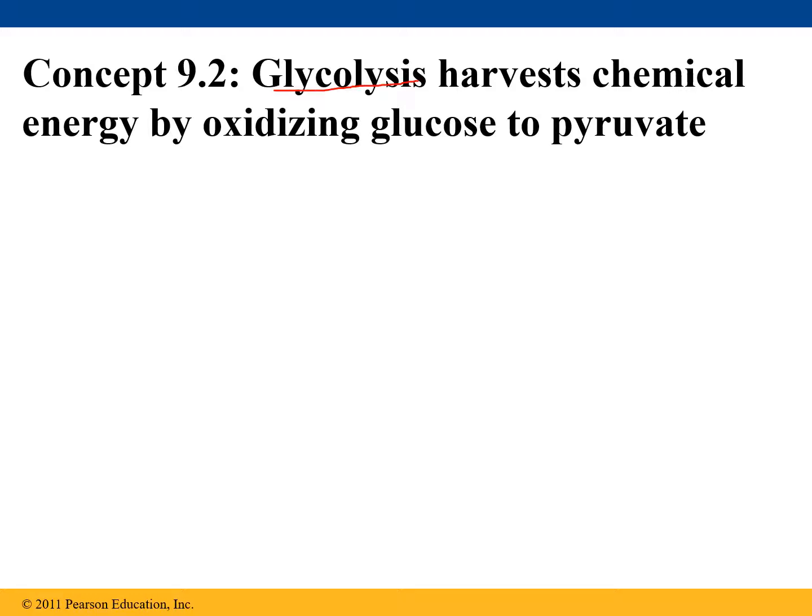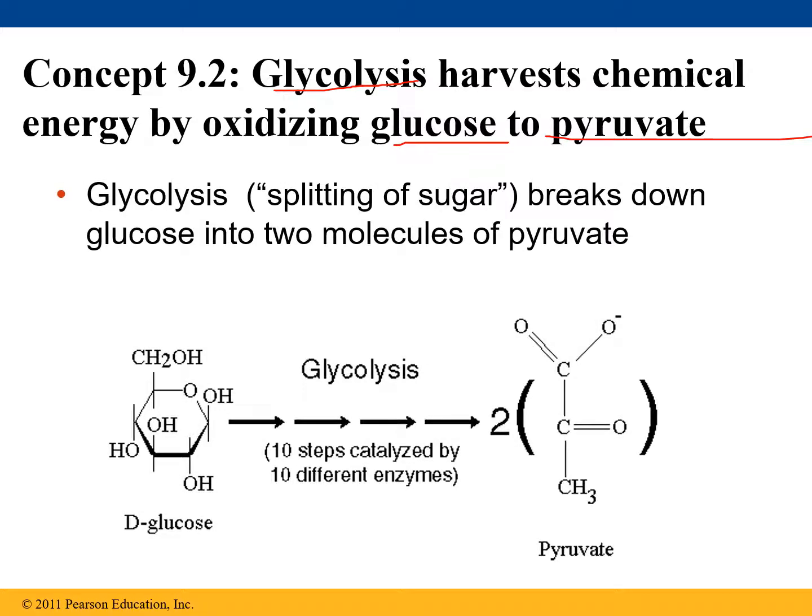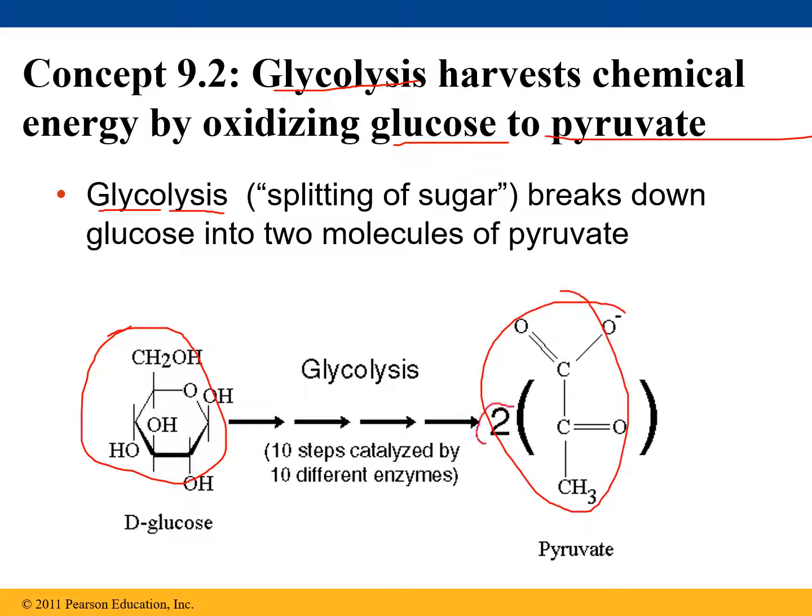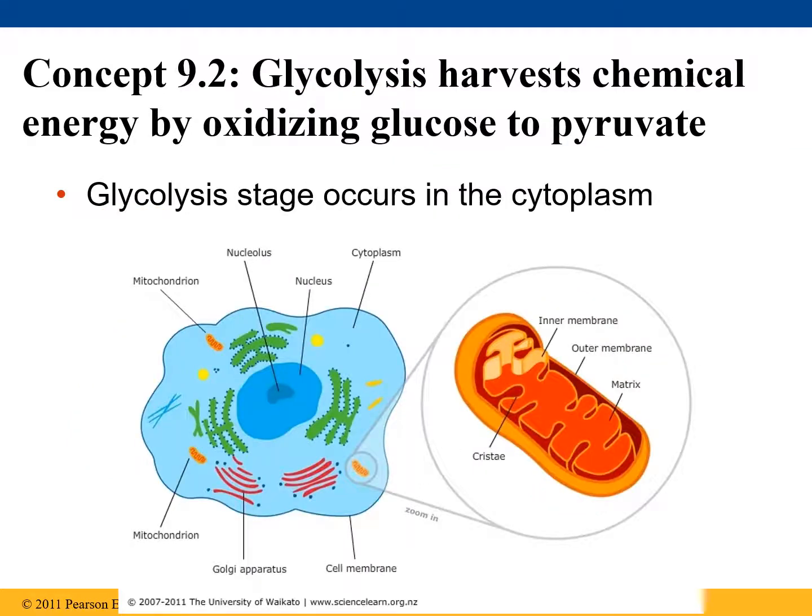During glycolysis, we are harvesting chemical energy by oxidizing glucose to pyruvate. So glycolysis, glyco refers to the glucose, lysis refers to splitting, so it's literally the splitting of sugar. Glycolysis breaks glucose, one molecule, down into 2 of these pyruvates, so notice there's 2 of those. So the input is glucose, the output here is pyruvate.